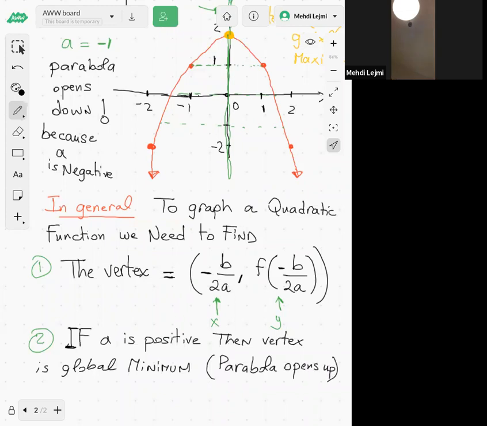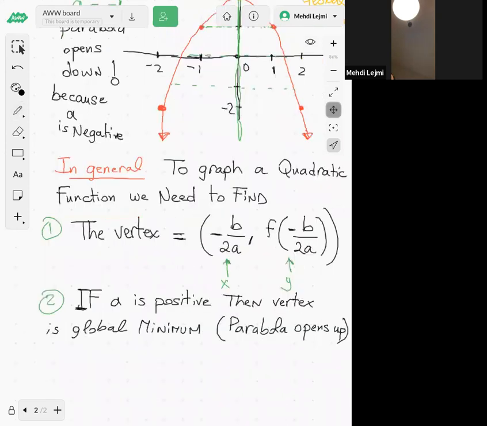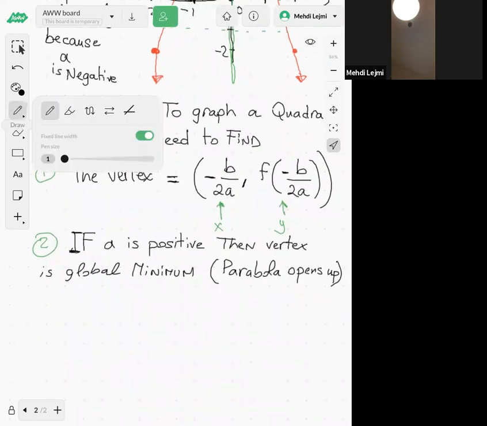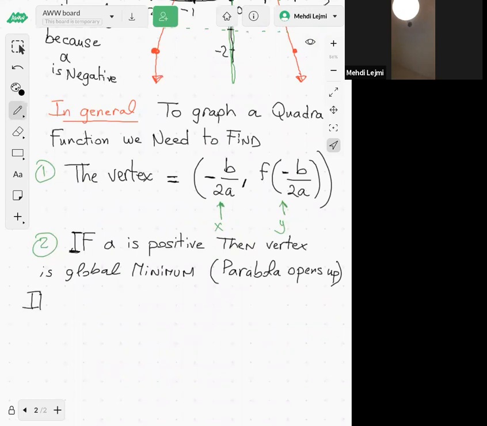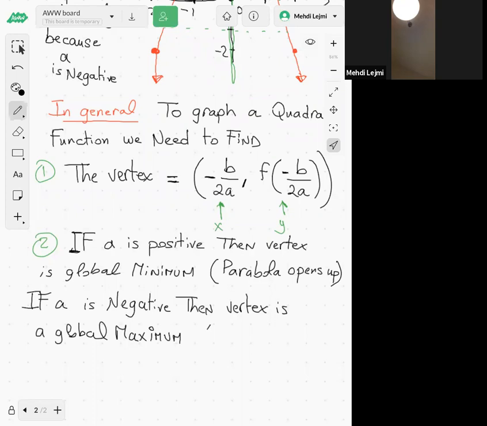Right? And if A is negative, then the vertex is a global maximum. If A is negative, then the vertex is a global maximum, and the parabola opens down. Okay.